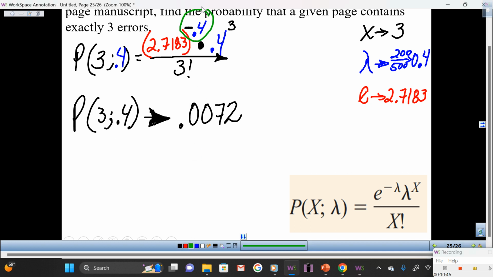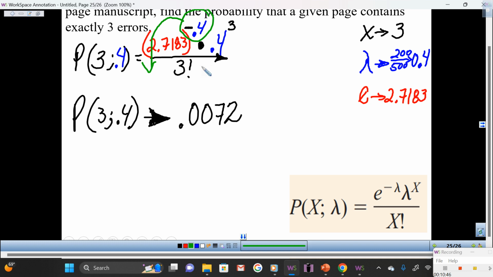Can we have negative exponents? I mean, this is correct, but I'm saying, can we have negative exponents? So then what do we do to change this to a positive exponent? Who remembers from Algebra 1 and Algebra 2? Yeah, send it to the denominator. You guys remember that?